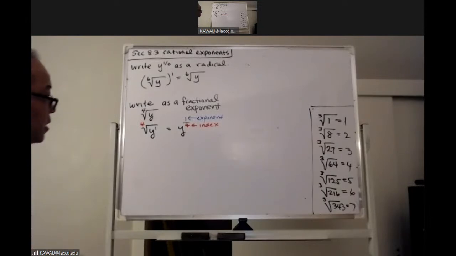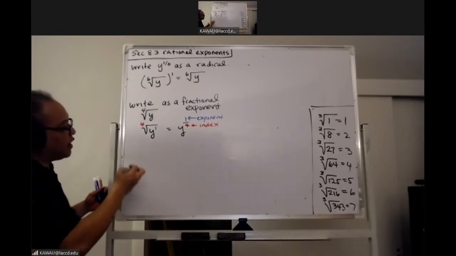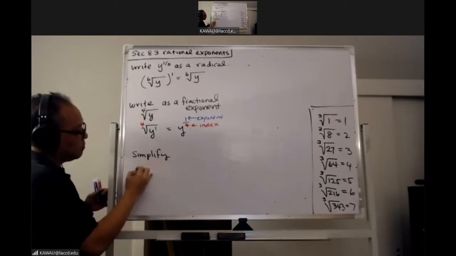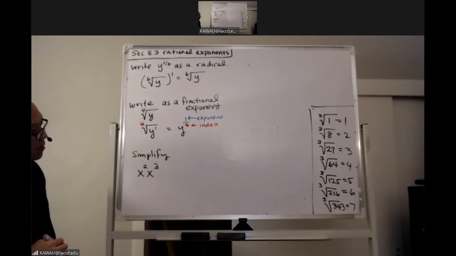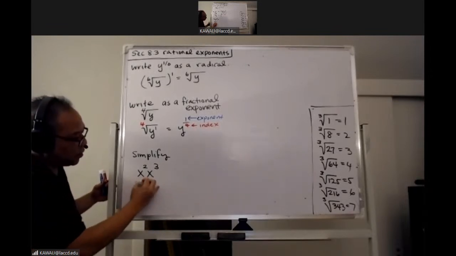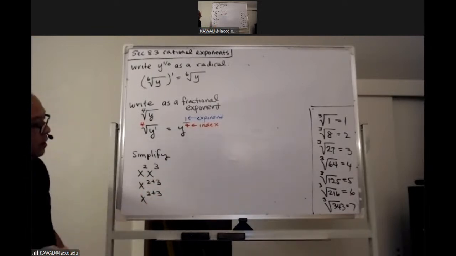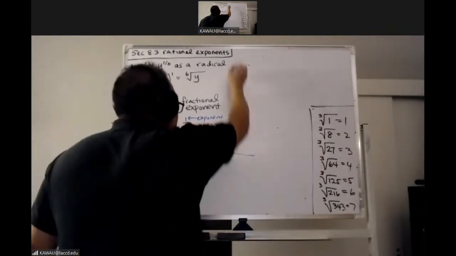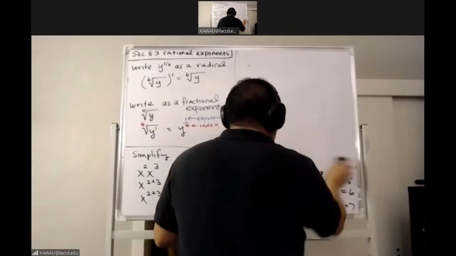Now, just know that all our exponent rules work also. So let's say I have something like this. Most of you are comfortable going 5? And I'm like, yeah. And the reason why you got 5 is because you added the exponents. Okay. So just know that we have the same situation with fractional exponents.